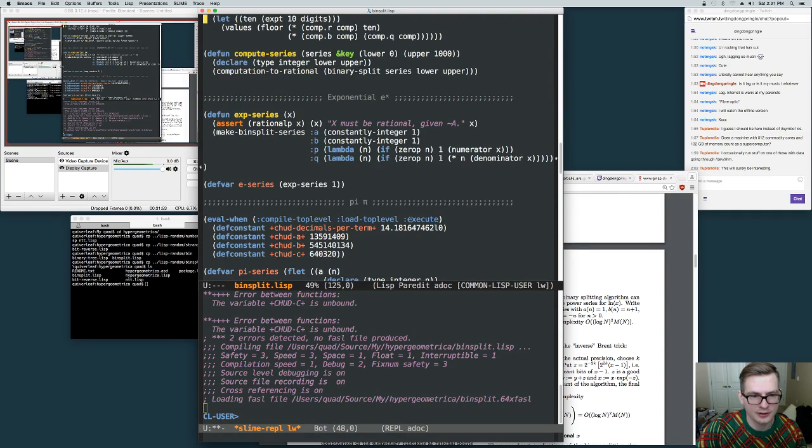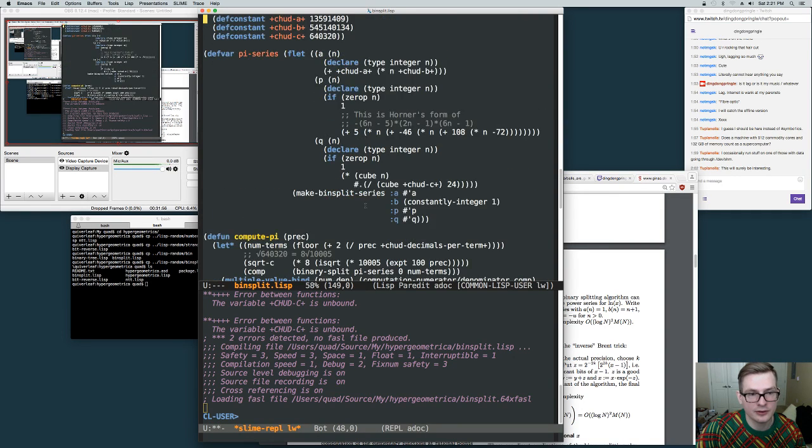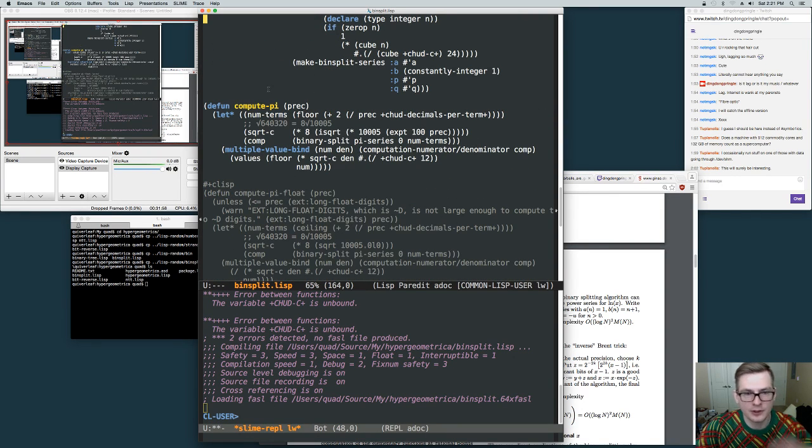Anyway, it loaded now. And so if I do this compute pi, what I do here is, like I said, we have to take out that square root term, which is 640,320. I compute if I want 100 digits or 100 bits, I think I'm computing, then I have this number of decimal digits per term, add 2, take the floor, whatever.